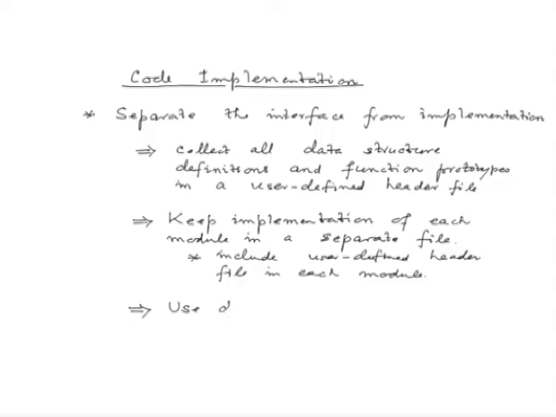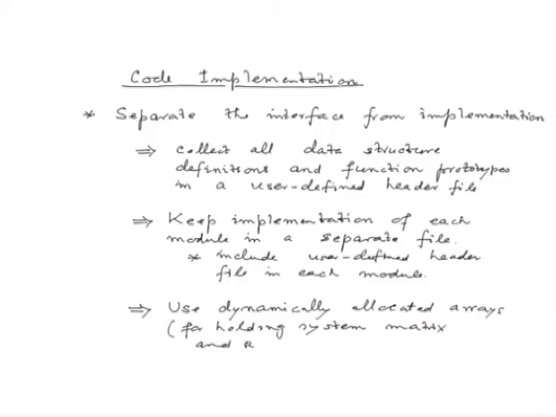So use dynamically allocated arrays for holding a system matrix and RHS plus solution vectors.